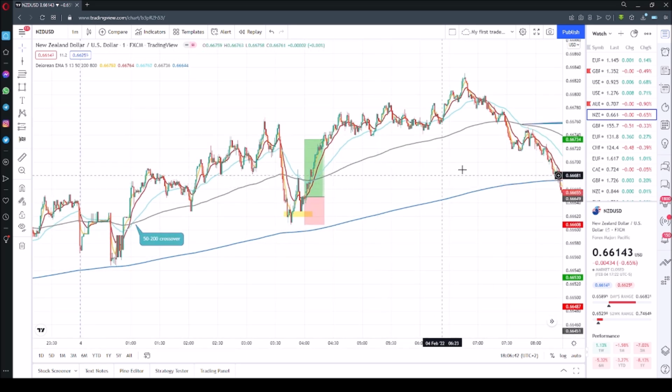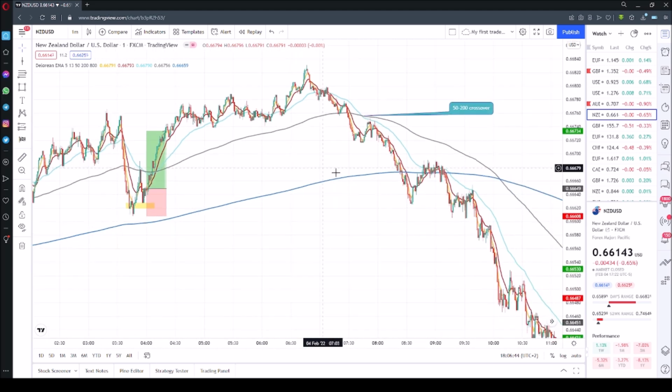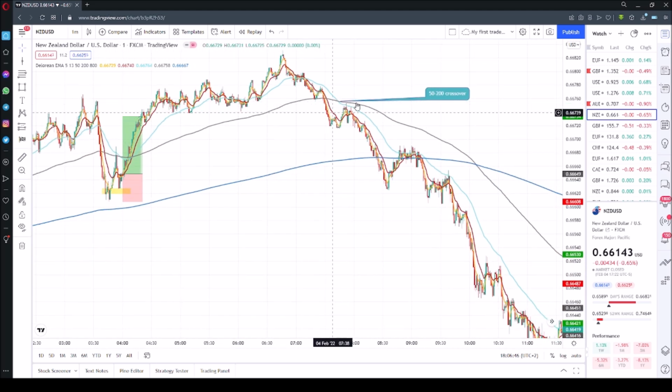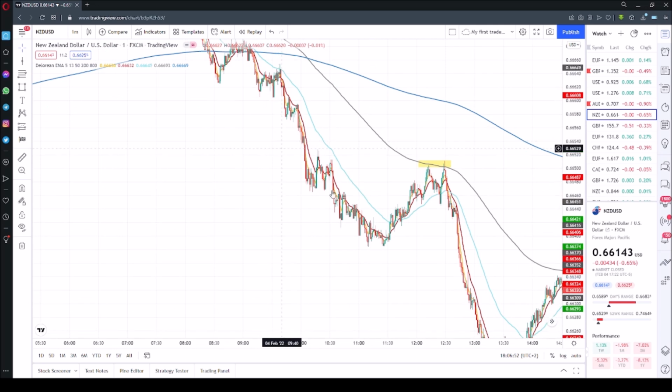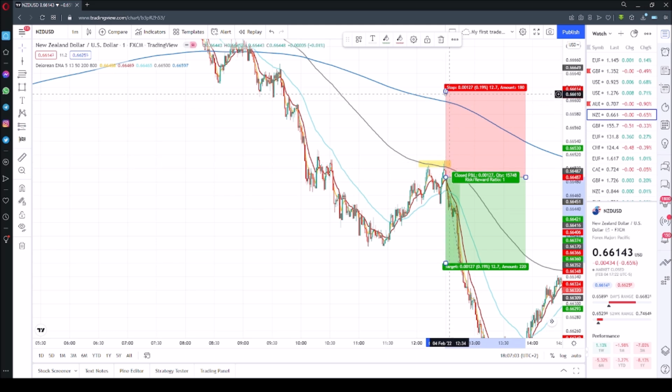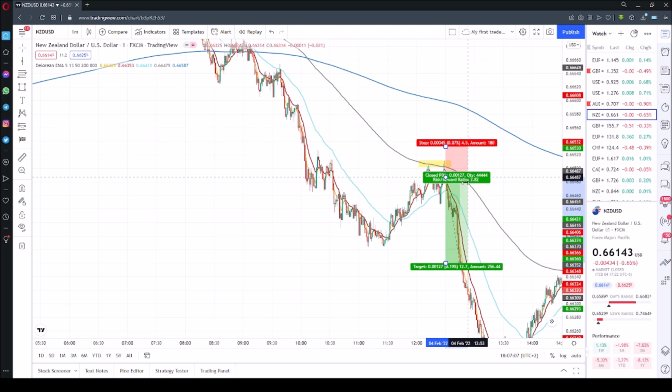Then as we went again into the future, we can see a 50-200 EMA crossover, and the market shot down very violently, and we got a beautiful pattern which was somehow perfect in that case. So we're going to short with higher probability of success like that.